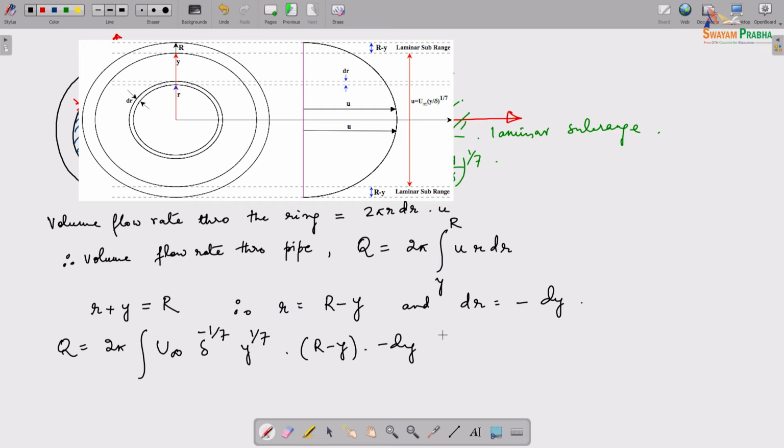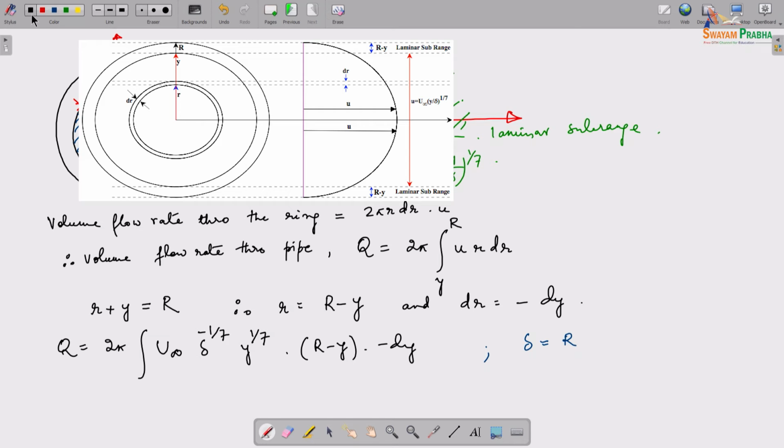Now this delta right here, delta is equal to R, so this is actually R to the power minus 1 by 7.